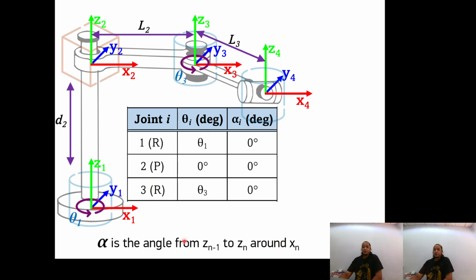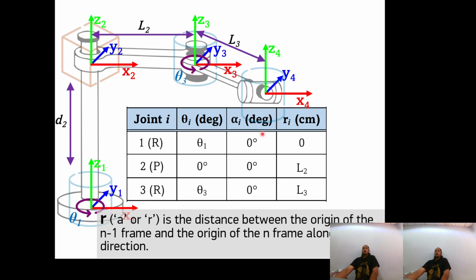Let's find alpha 1: Z1 to Z2 around X. This is the same, so the degree will be 0. This one is also the same, so the degree will be 0, and this one is also.